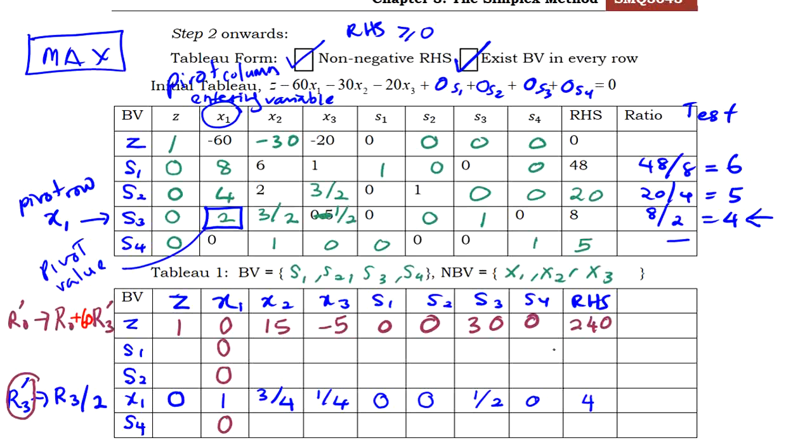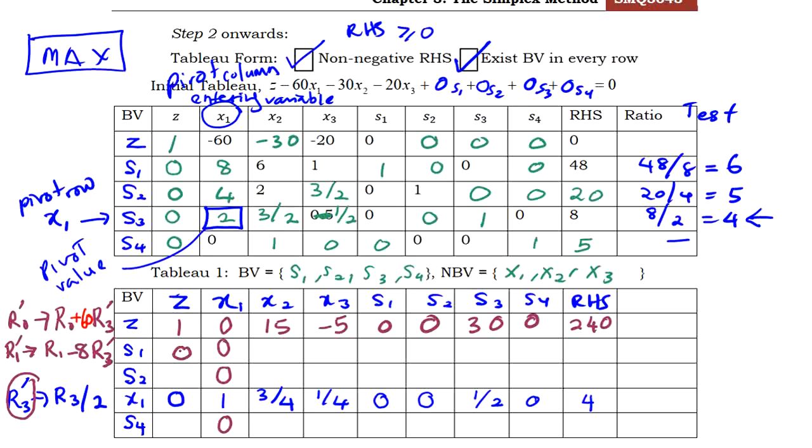Okay, so for row 1, the formula is row 1 new, row 1 and row 3 new. Remember that we always need to refer to this pivot row. Because this one is 8 for row 1, therefore here is negative 8.